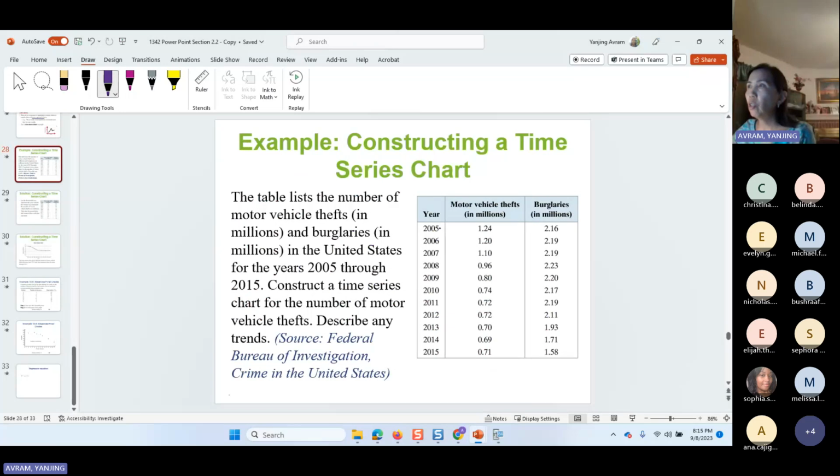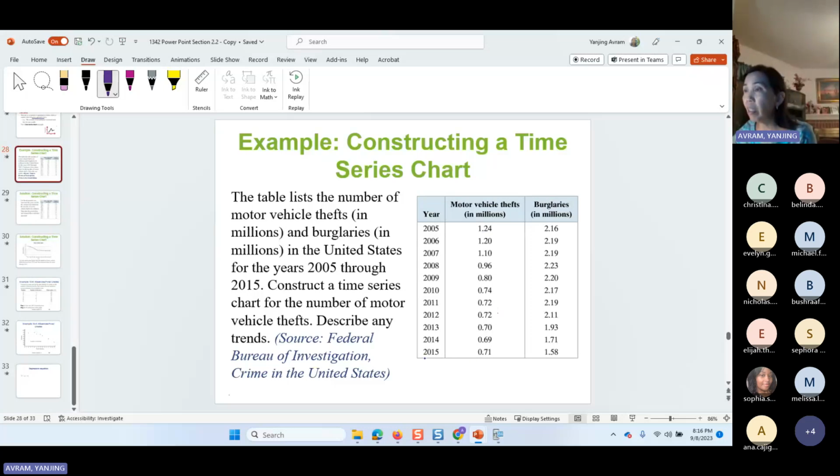All right, so we want to construct a time series from this table showing the year and the motor vehicle theft, and the burglary in millions. Looks like in 2005, we have 1.24 million vehicle thefts.